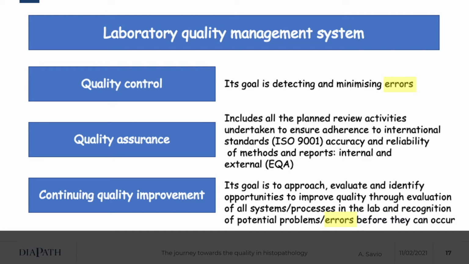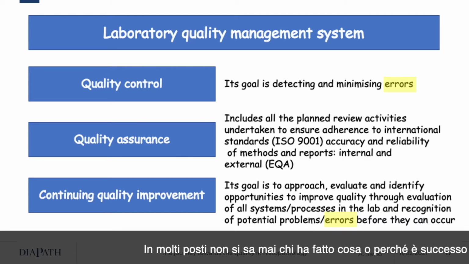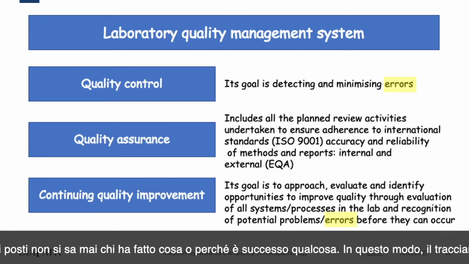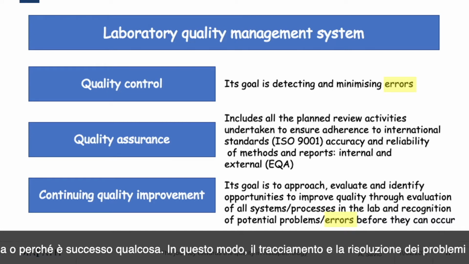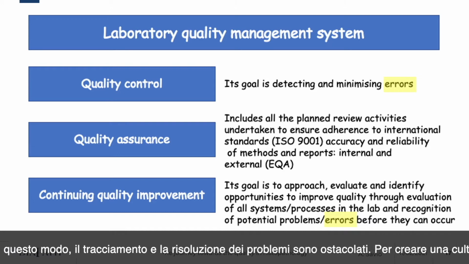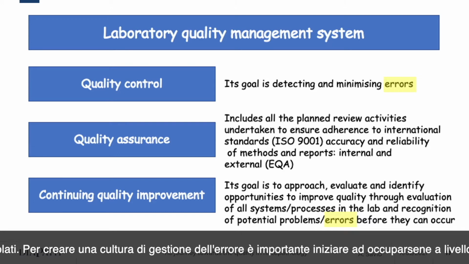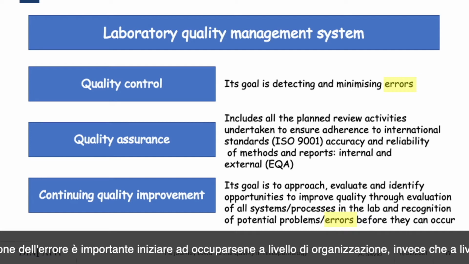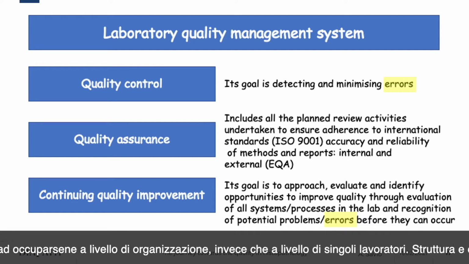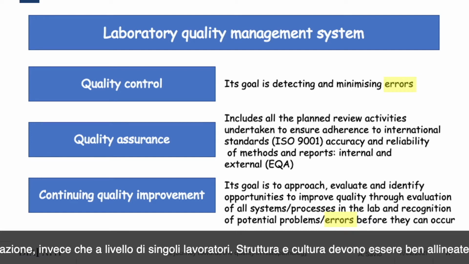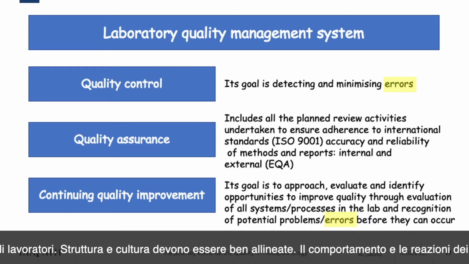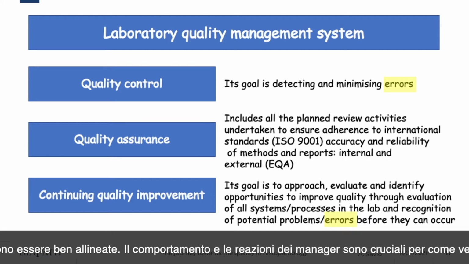In many places, you will never know who did what or why something happened. This way, tracking and addressing problems is hindered. In order to create an error management culture, it is important to start dealing with this on the organization level instead of at a level of individual workers. Structure and culture have to be well aligned.